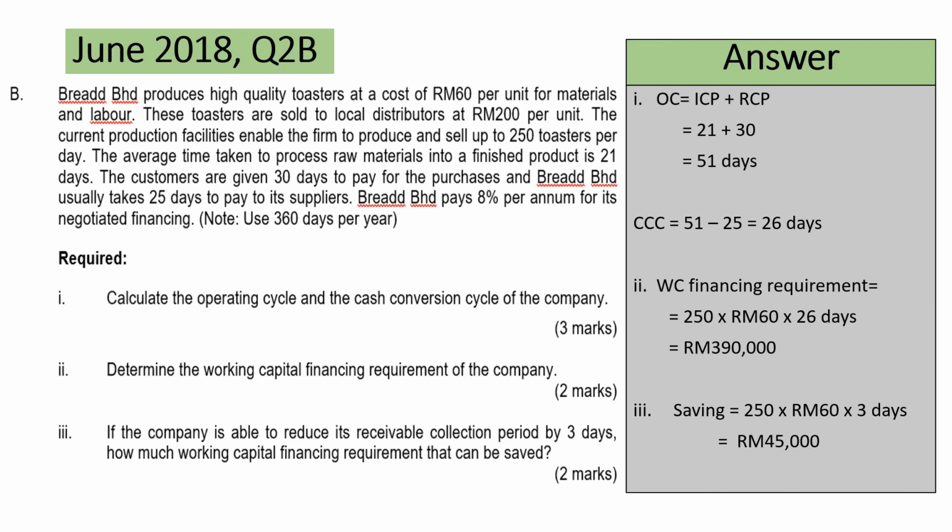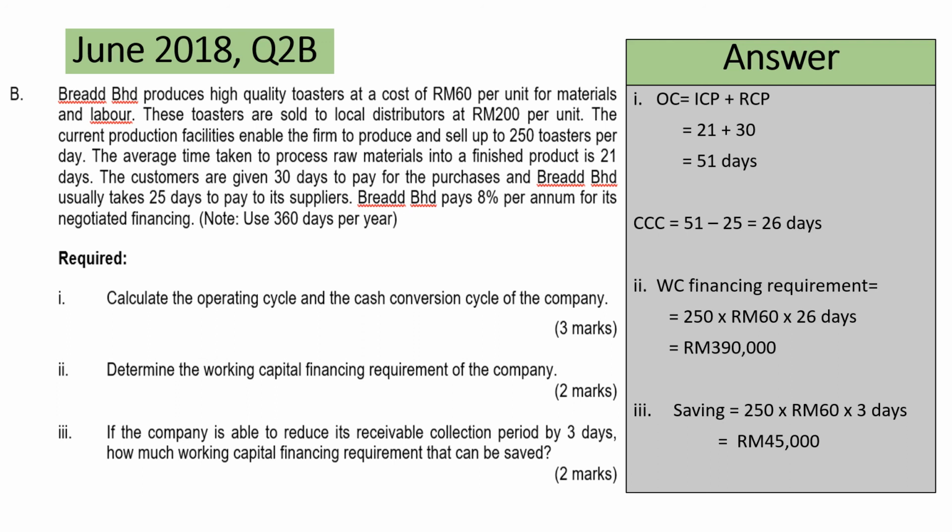The total cost per unit that is 60 ringgit times the production units that is 250 toasters per day. So 250 toasters times the 60 ringgit, times the CCC of 26 days. So that is the working capital financing required for the company. So the total is 390,000.